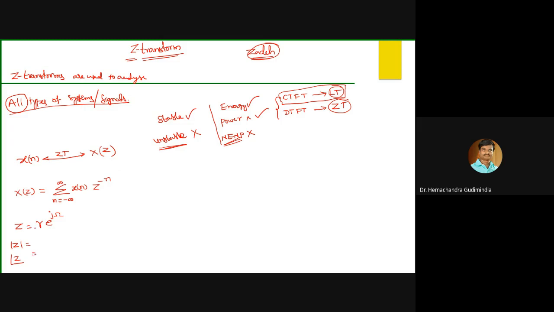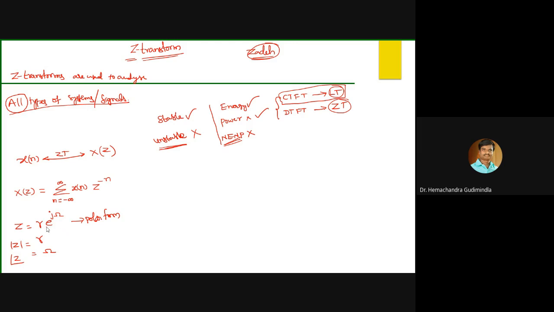It looks like the polar form, where we have the magnitude, or radius of the circle, and the angle of the point. The magnitude is r, the angle is omega. These two are very important.